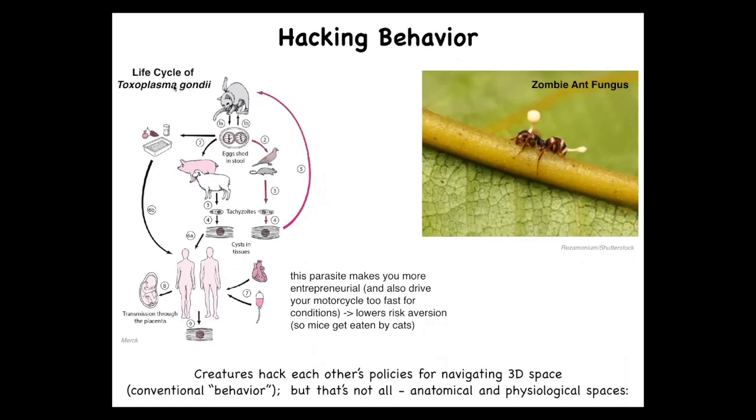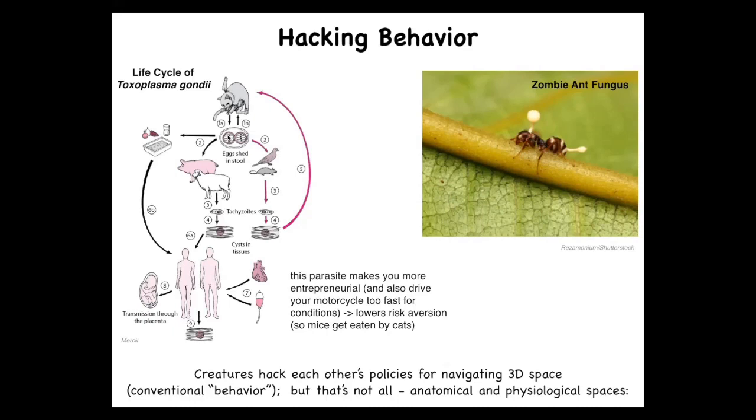There's this parasite which has a life cycle in rodents that needs to get into a cat. And so what it does is it lowers the risk aversion in these animals, and they end up running around even though they smell cats, and then the cat will eat them. And humans that are infected with this tend to be things like captains of industry.